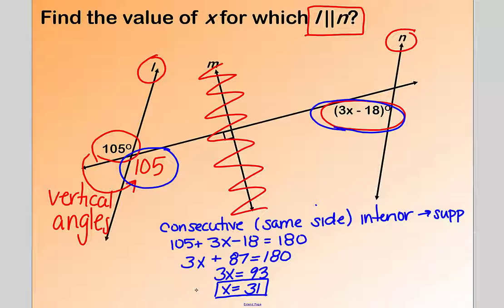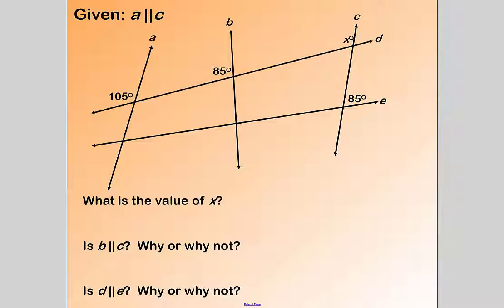The next two examples that we're going to look at will be a little bit different. Here, they want me to determine a few more things. So let's start by looking at that they have given us A is parallel to C. So I'm going to fill in all of my angle pairs on both A and C. Okay.